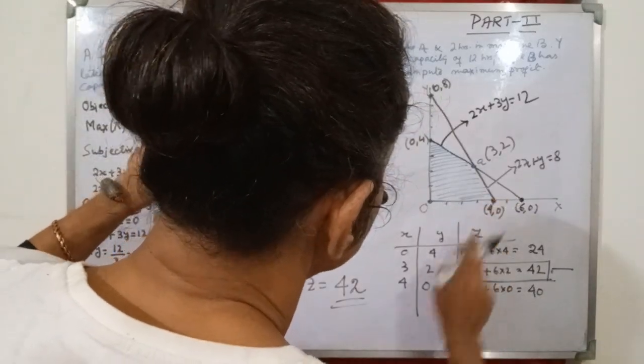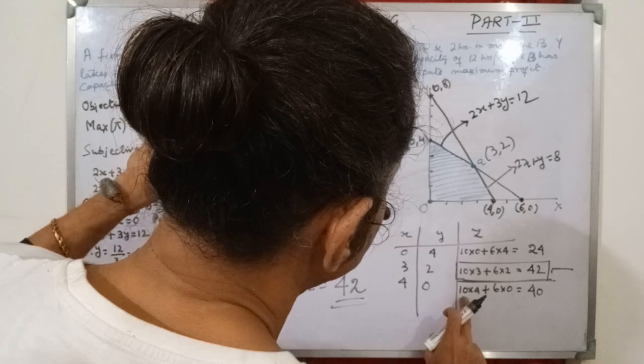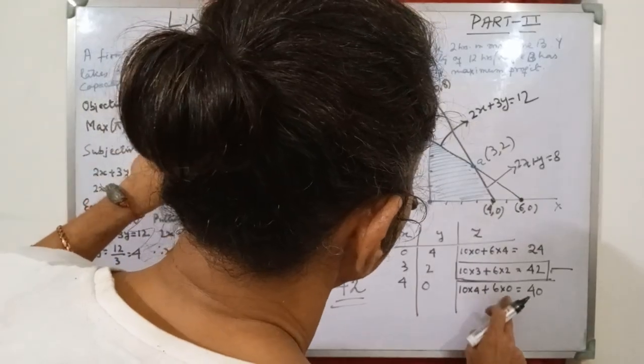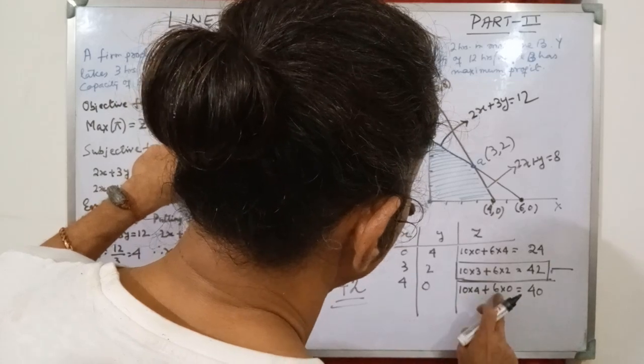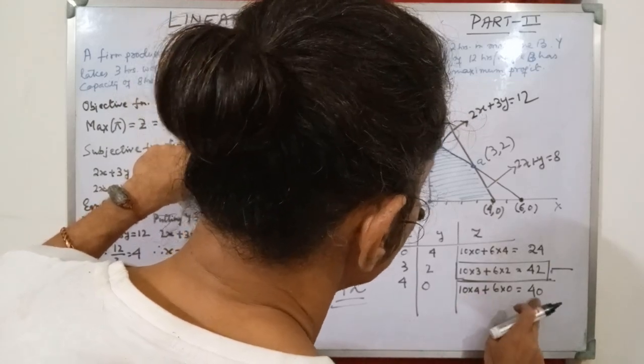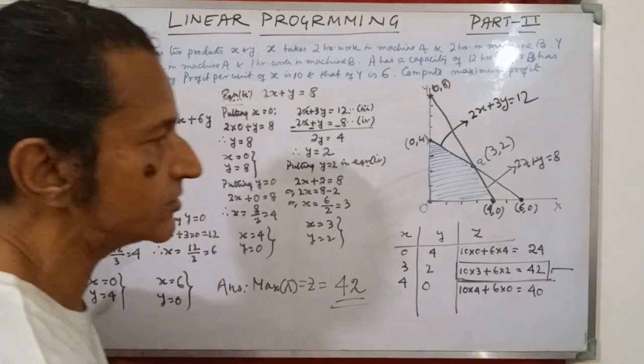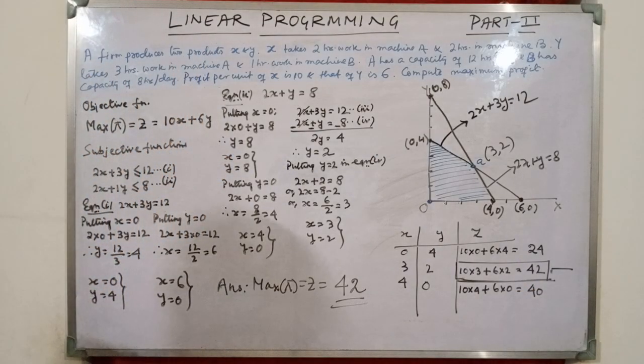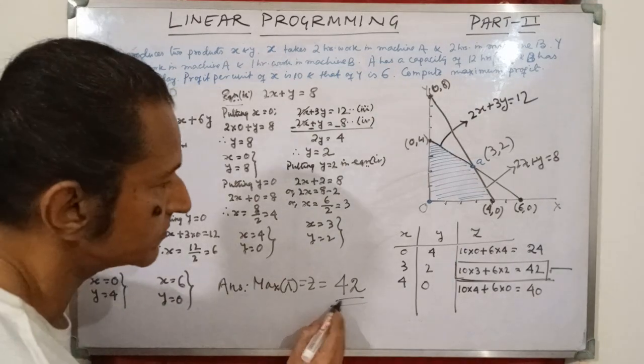And this point 4, 0, profit is 10 into 4 plus 6 into 0. 10 fours are 40, 6 zeros is 0, so total is 40, and the maximum value is 42. So the firm will be producing 3 units of X and 2 units of Y to maximize the profit, and the maximum profit is 42. This is the answer.